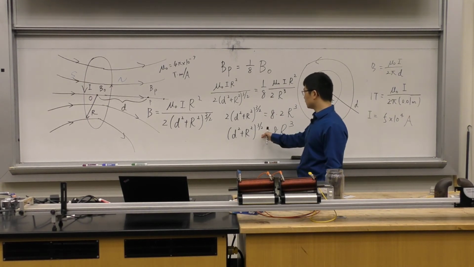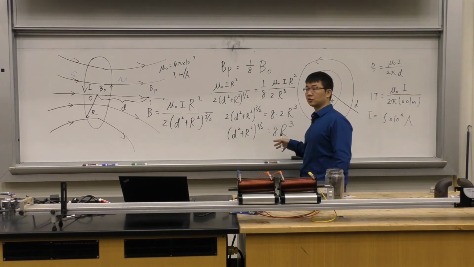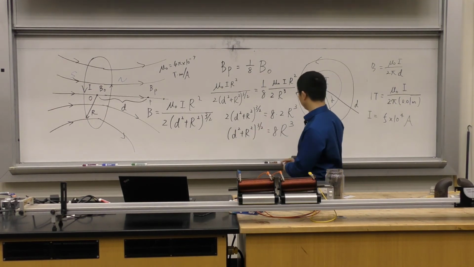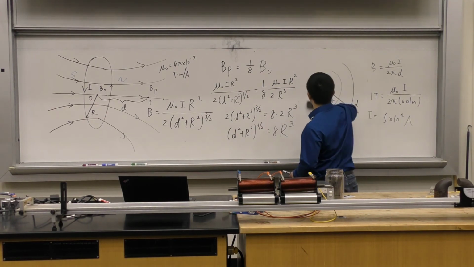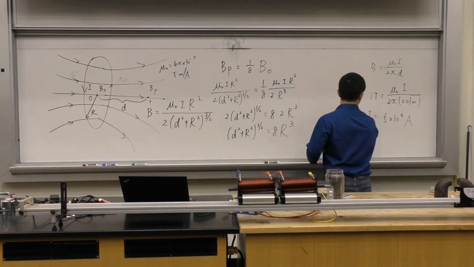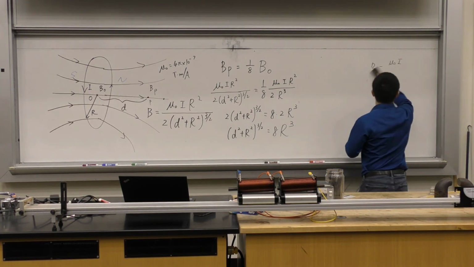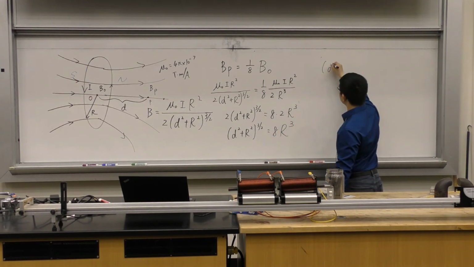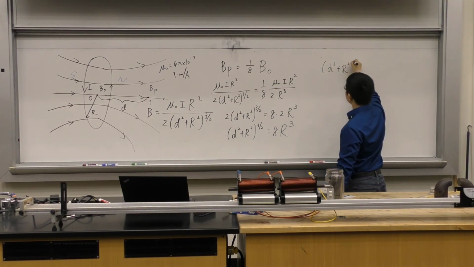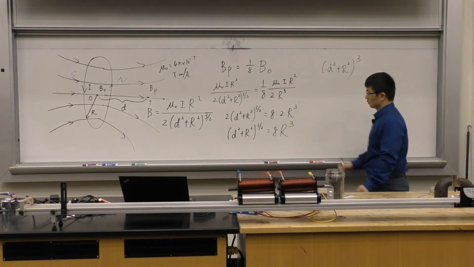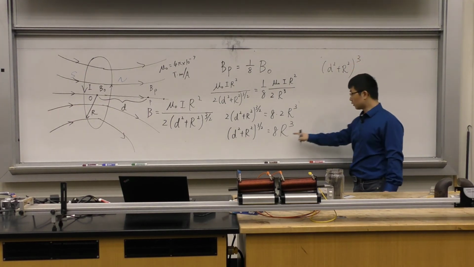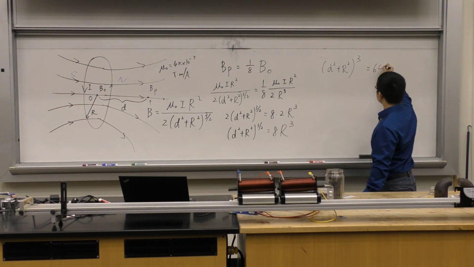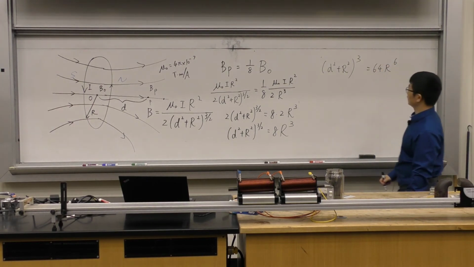So whenever I see this, I would square both sides so I could get rid of the square root. On the left-hand side, I would just get (D squared plus R squared) cubed. And then you square the right-hand side, what do you get? You get 64R to the power of 6.